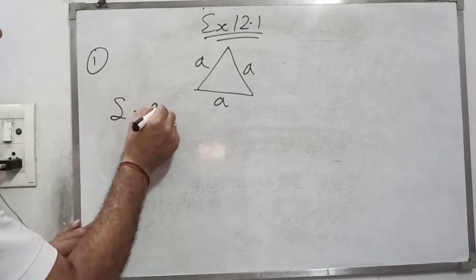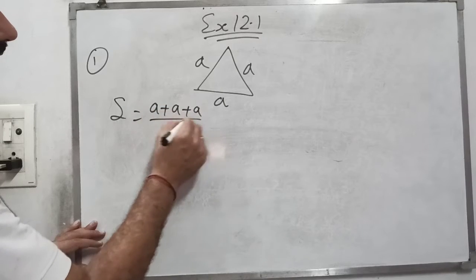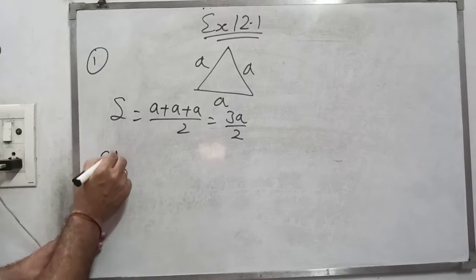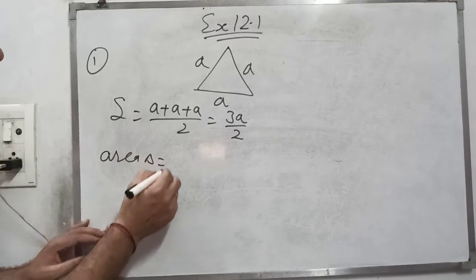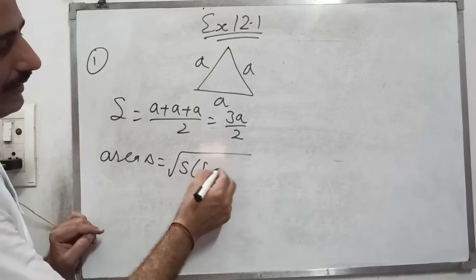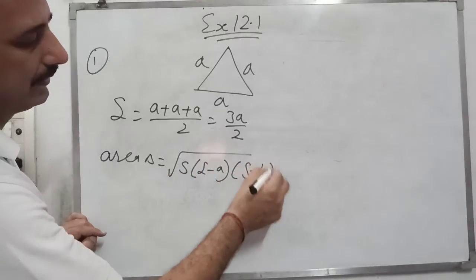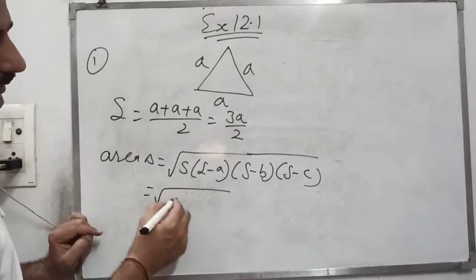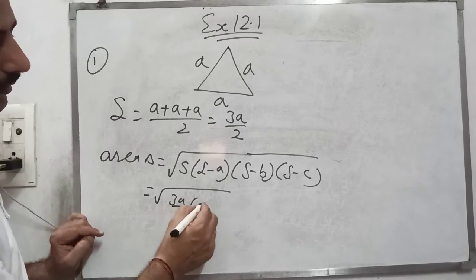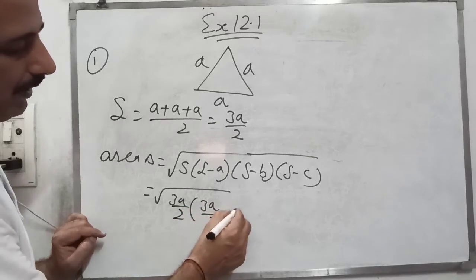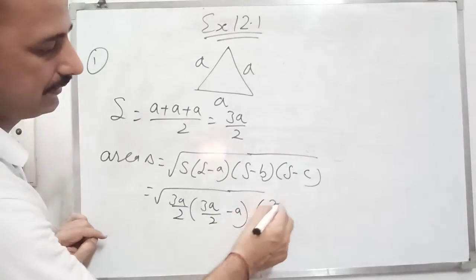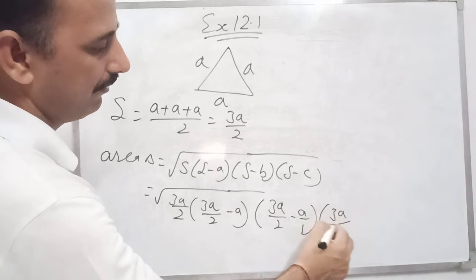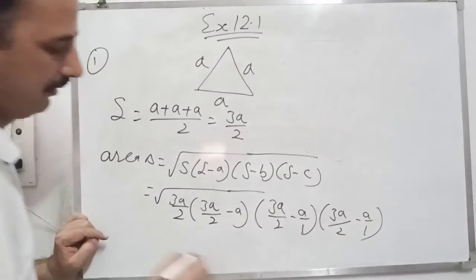So S equals A plus A plus A divided by 2, that is 3A upon 2. Right? So the area of the triangle is under root S into S minus A, S minus B, S minus C. S is 3A upon 2, so 3A upon 2 minus A upon 1.